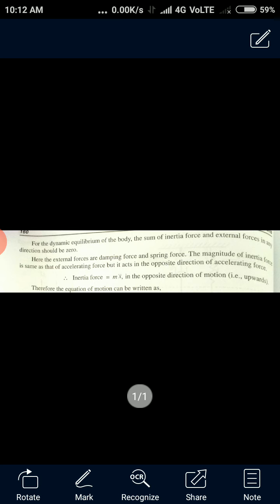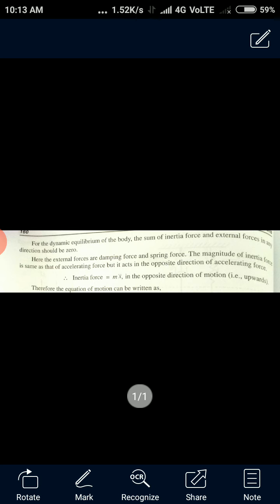Inertia force is equal but opposite to the accelerating force. The accelerating force acts downward, but the inertia force, having the same magnitude, acts upward. So you can write inertia force equal to mx double dot, same magnitude but in the opposite direction.